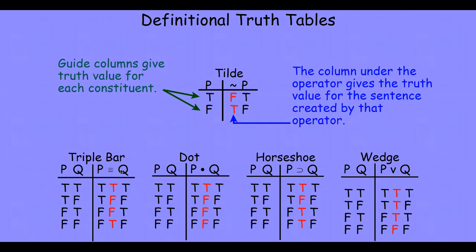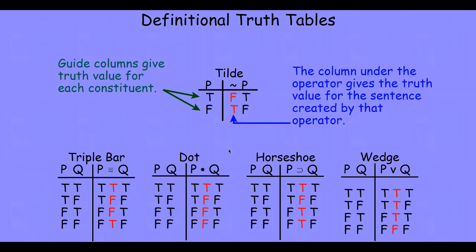So under that triple bar, we've got the truth value for P triple bar Q, every different way the world could be. So if they're both true, it's true. P is true, Q is false, false. P is false, Q is true, false. Both false, true. So our rule for the triple bar is always going to be true when they have the same truth values, always going to be false if they have different truth values.